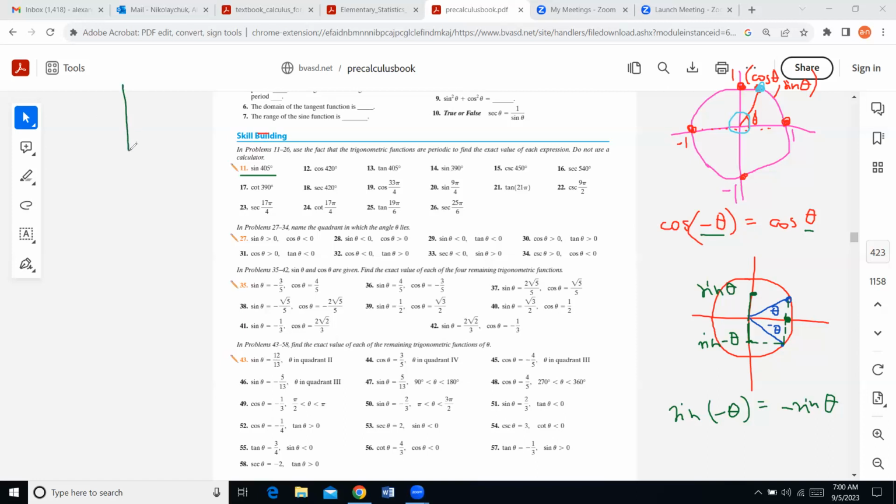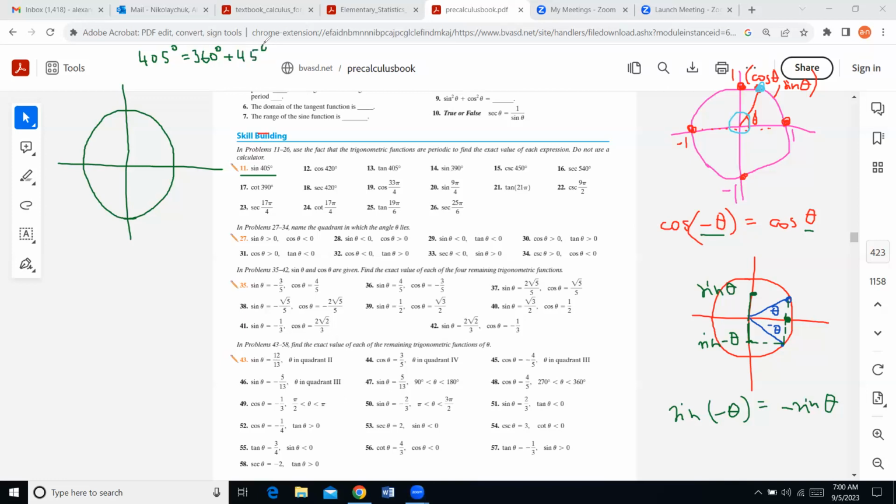Since it ends with 5, a 45 degree angle is probably going to be utilized, right? Notice that instead of 405, I can pull out 360 and have it added with 45. So 360 plus 45.